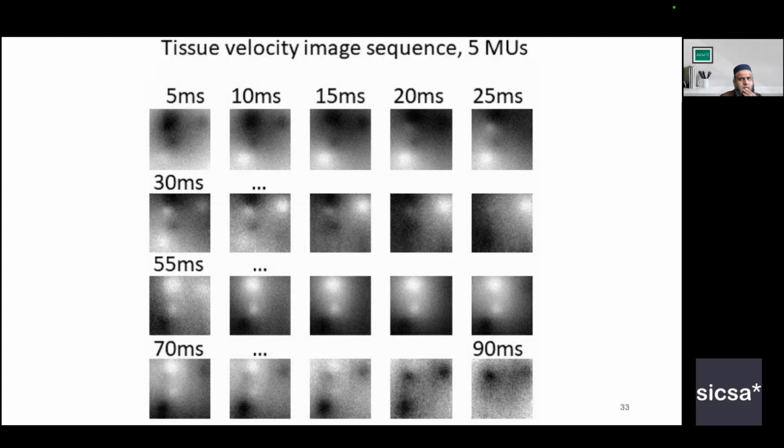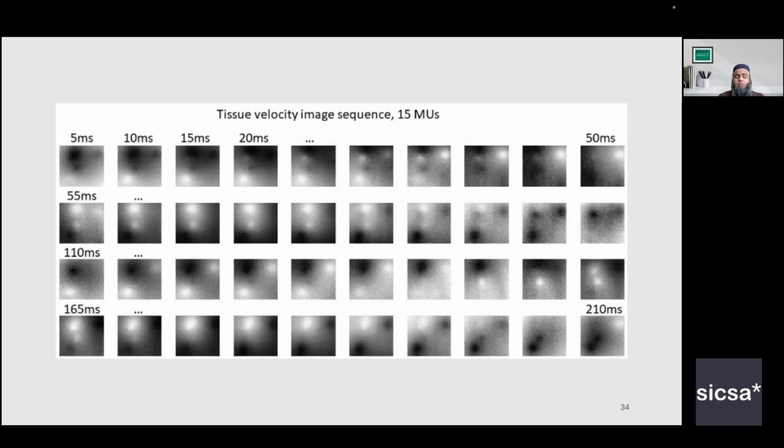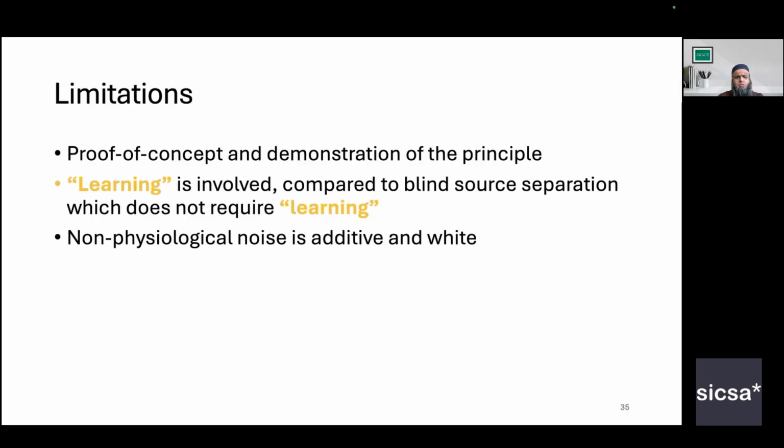And just in case you are interested in how these motor units look in actual ultrasound representation, this is what we are looking at when we have five active motor units. It's not that high contrast data that we are looking at. And if you increase it to 15 motor units, it becomes even more complex. So yeah, this was something that we did.